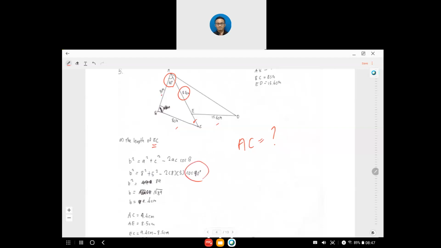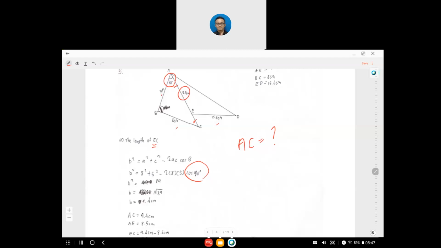No, you cannot use this one because we only have this angle. So you must use the formula which uses this angle, which is A.